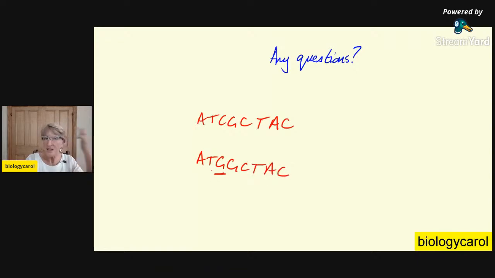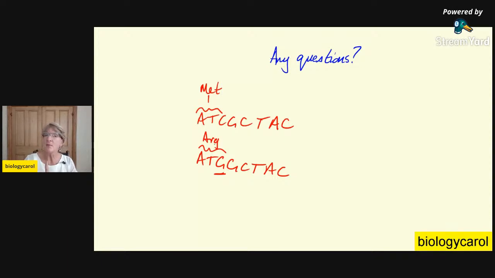Now, I don't know the genetic code off the top of my head, but let's say this triplet codes for the amino acid methionine. This might code for another amino acid. This triplet, where the DNA has been mutated, might code for a different amino acid.